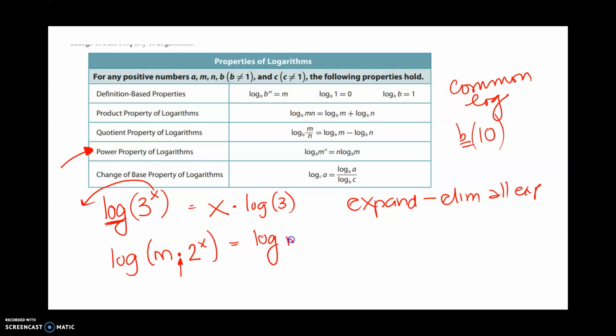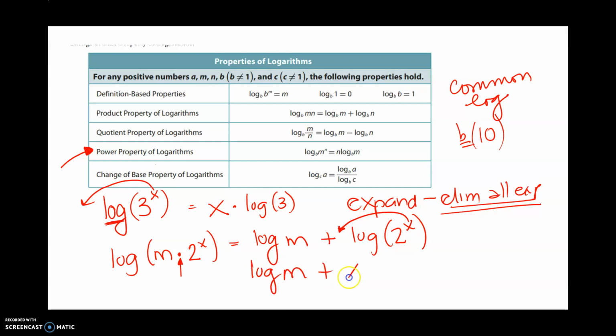Well, that's log of m plus log of 2 to the x. Okay, I'm going to eliminate all exponents. Therefore, now this can come down in front. Log of m plus x times log of 2. Right, this is, I said, by far the most important property that's going to help you solve logs.